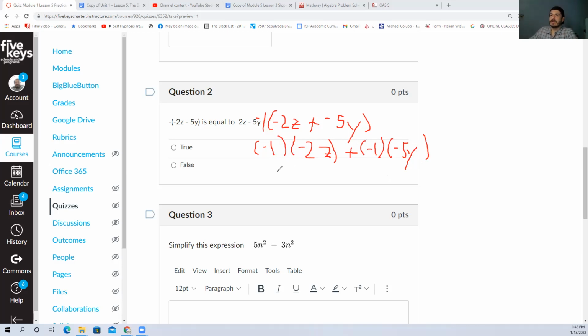Negative times negative is a positive. 1 times 2 is 2, or 2z, I should say. 2z positive, which is indeed the first term of what the answer gives us. Plus negative 1 times negative 5y. That becomes a positive 5y because negative times negative is positive. And there's our issue. This is negative. It's meant to be positive. The answer for question number 2 is false.